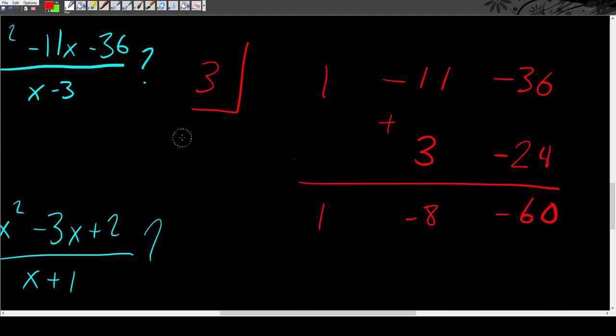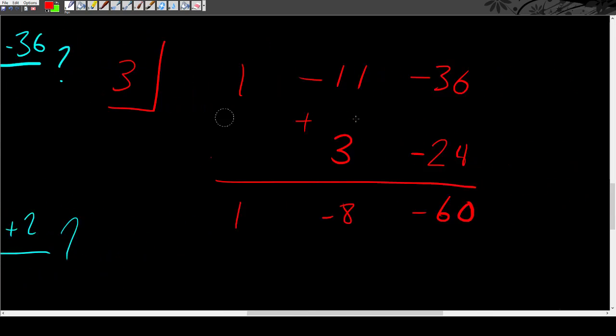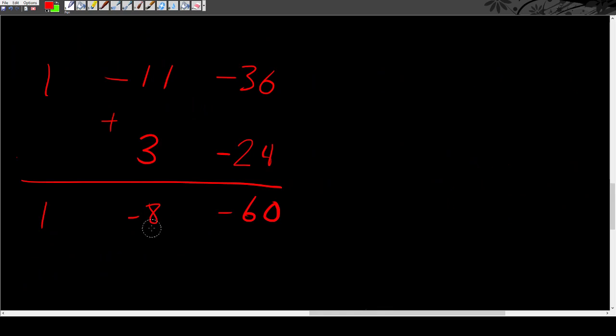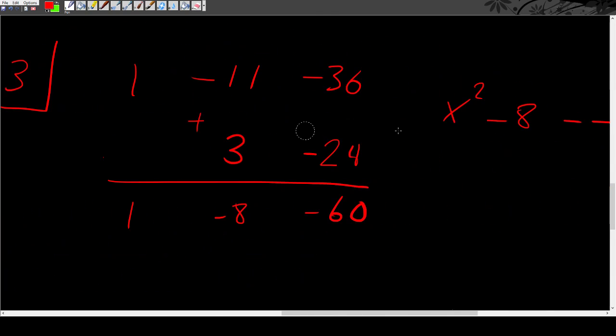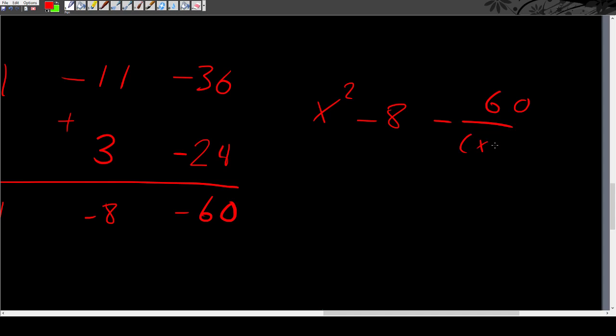I remember x squared is where it starts, so this becomes my x, this becomes my constant, and this becomes my remainder. So x squared minus 8 minus 60 over x minus 3. That's your answer.